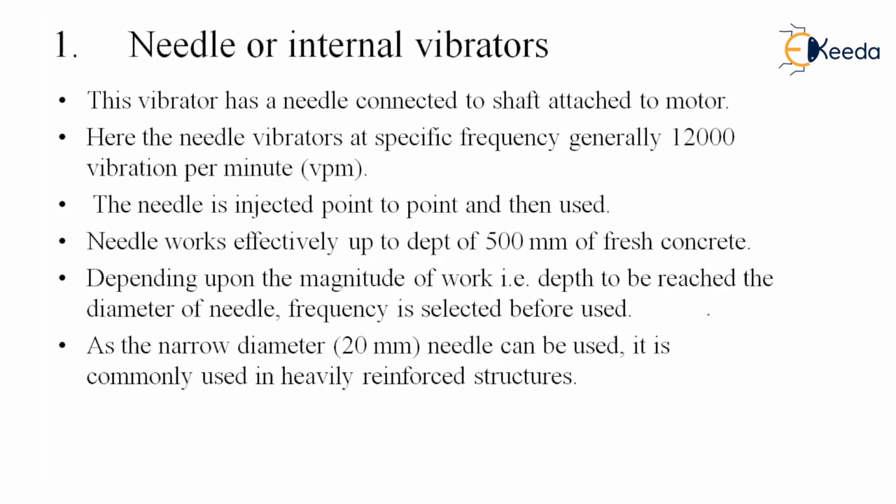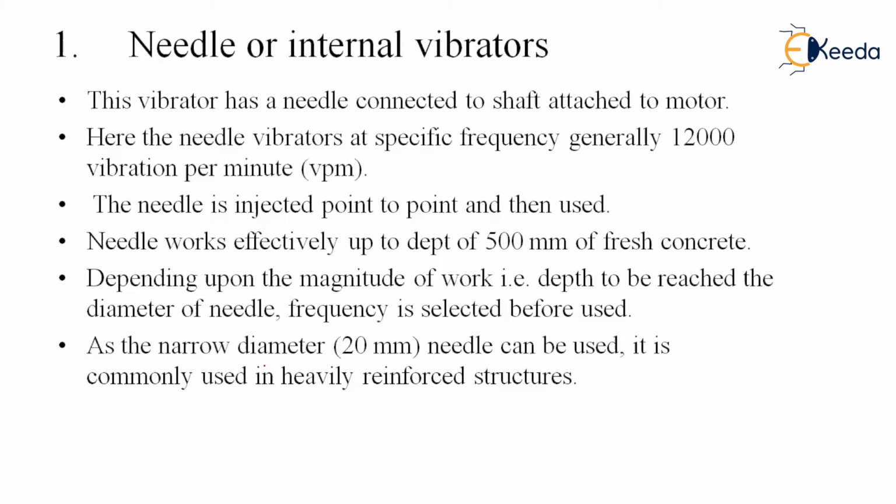Depending upon the magnitude of work, that is the depth to be reached, the diameter of the needle and frequency are selected before use. It means that depending upon the depth to be reached, the diameter of the needle and the frequency, that is the VPM, are selected, and thus the model is also selected.